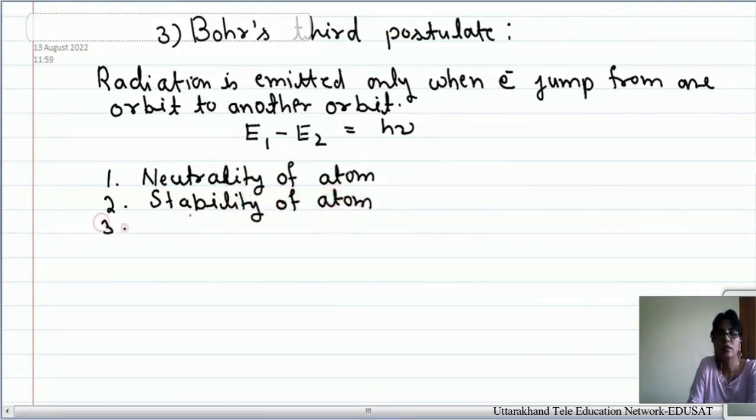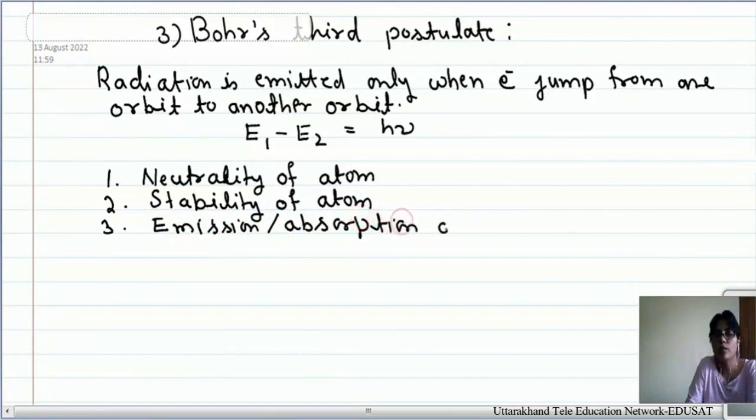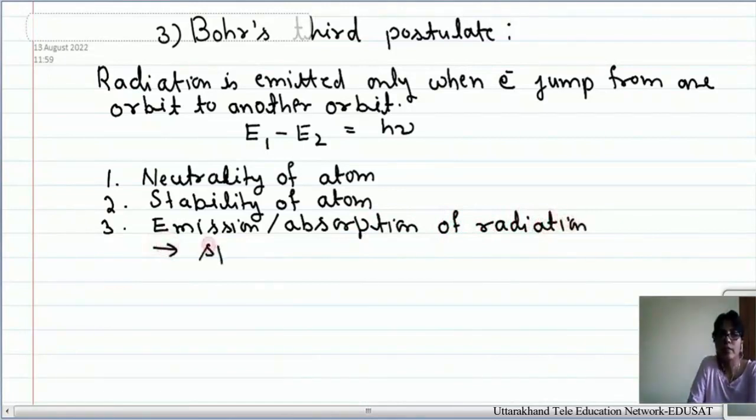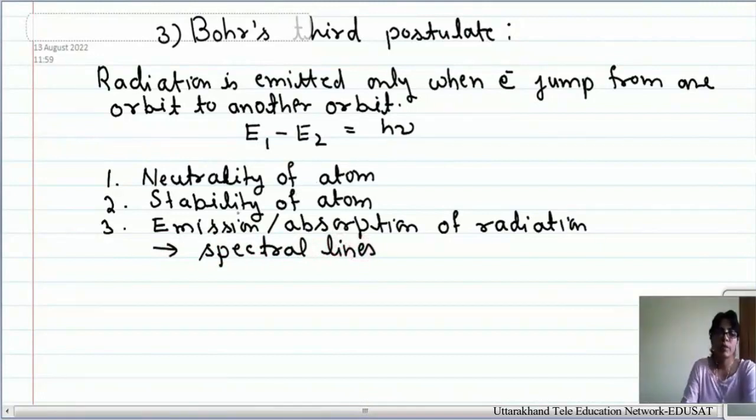And the third is the emission or absorption of radiation, giving the spectral lines. So these three properties are basic properties to judge any atomic model.